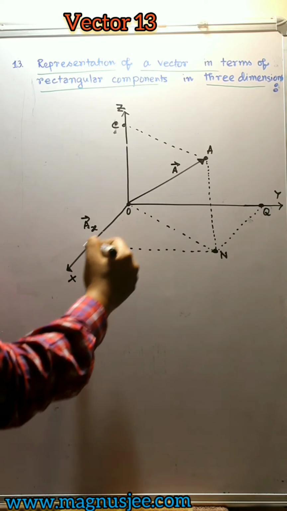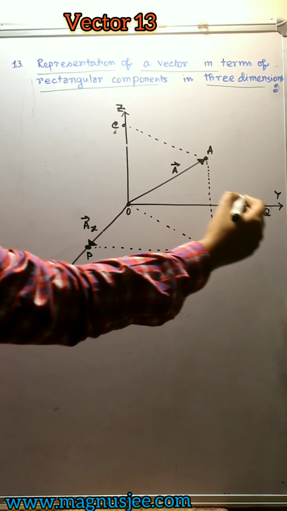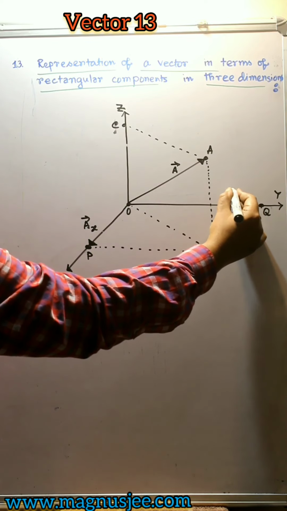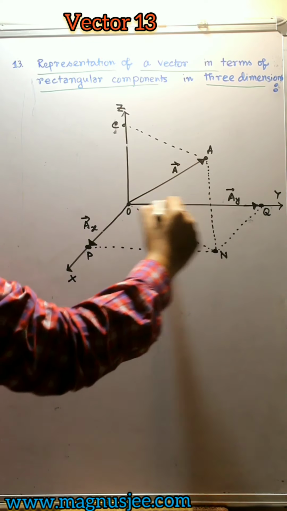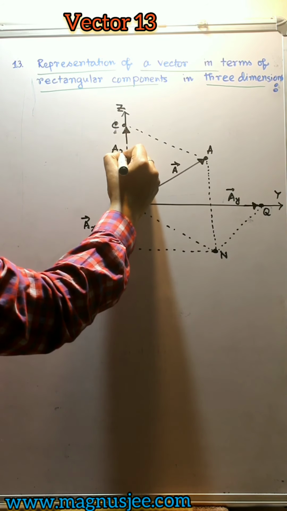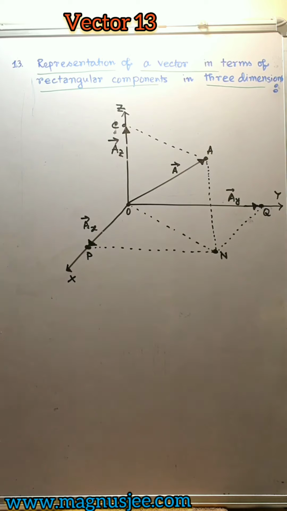Vector AX is the rectangular component of vector A along the x-axis, vector AY is the rectangular component along the y-axis, and vector AZ is the rectangular component along the z-axis.